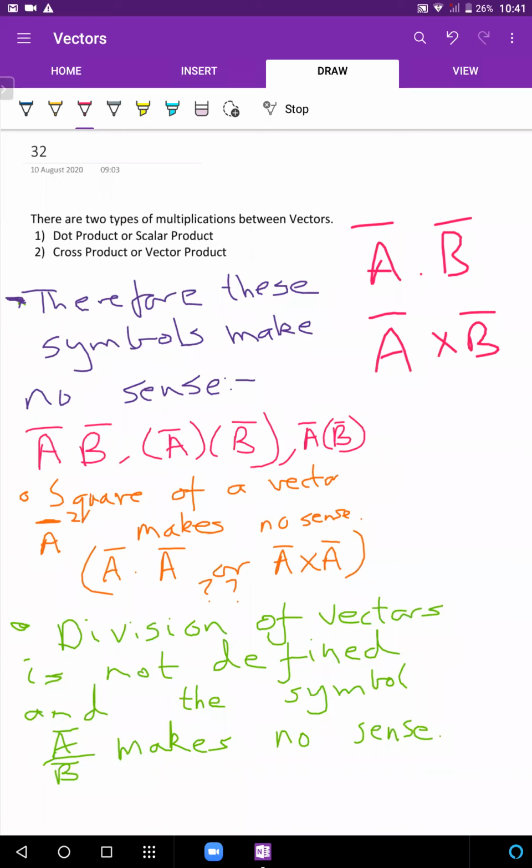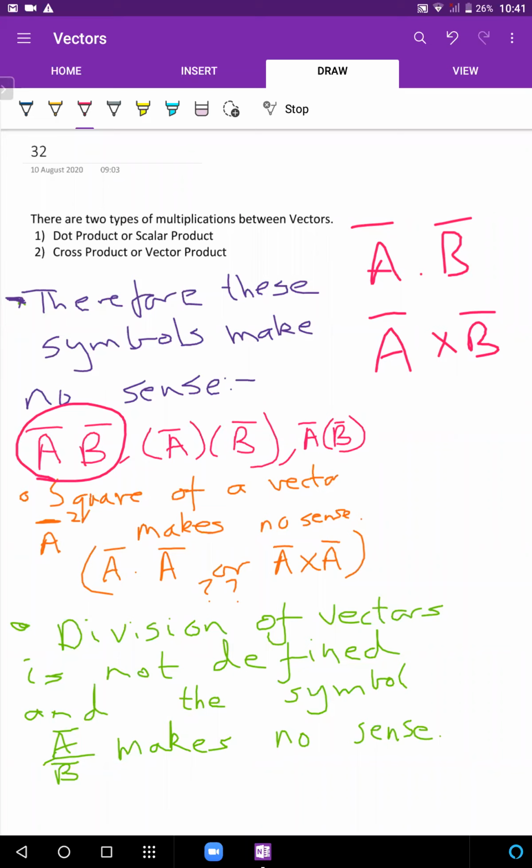Because there are two different multiplications, we have to specify which type is intended. So we'll always have to put a dot or cross. If you don't put a dot or cross, the multiplication makes no sense.